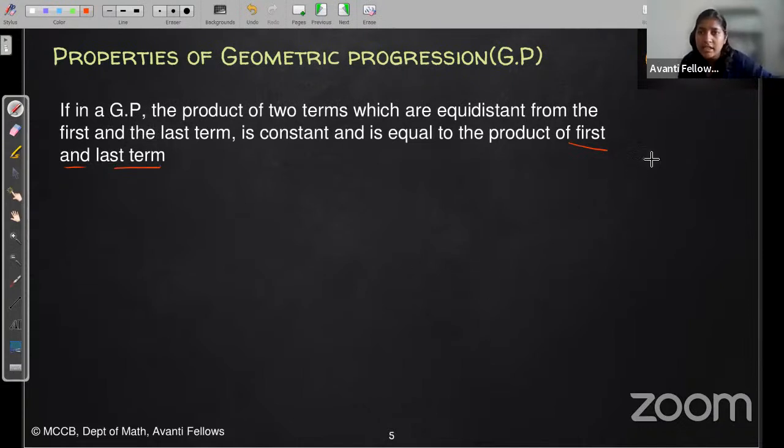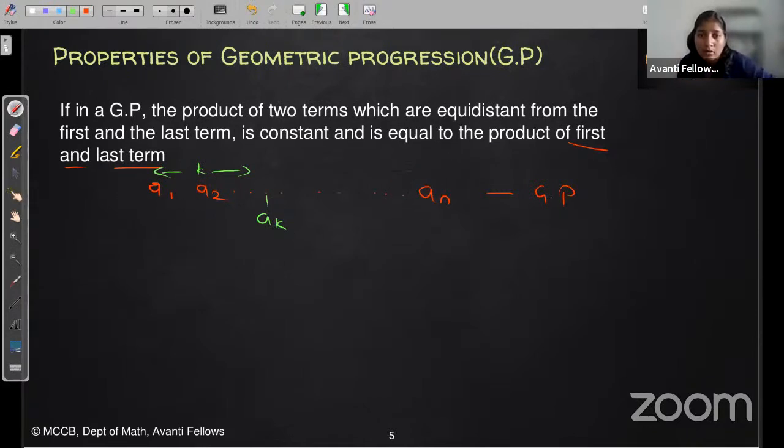So let me consider a GP. Say A1, A2, so on up to AN. Fine. This is a GP. And let there be some terms K units from the first. Let AK be the term which is at K unit from the beginning.